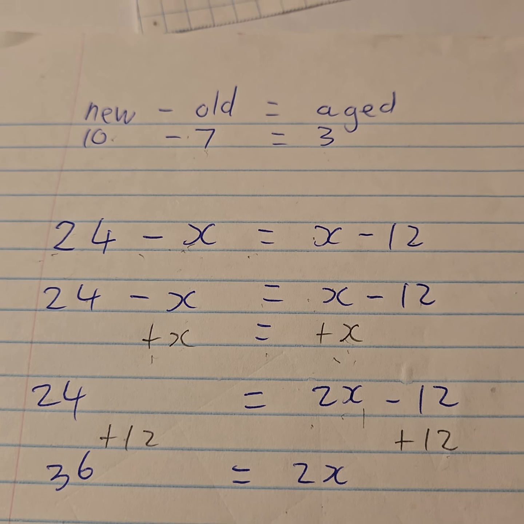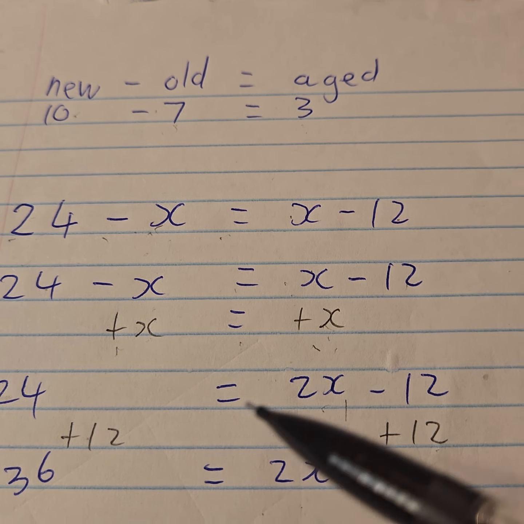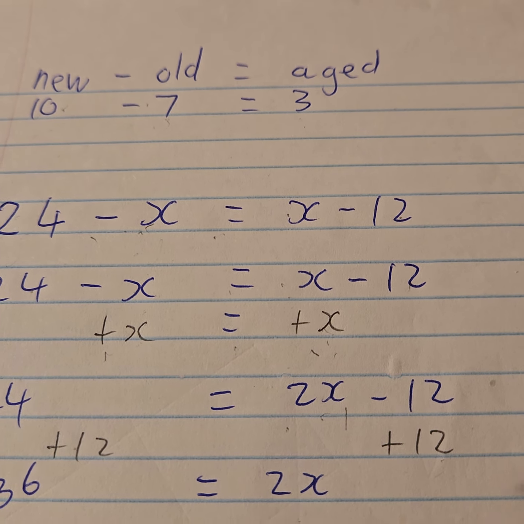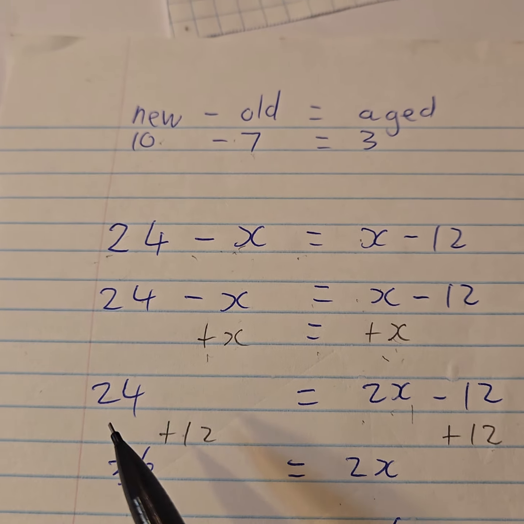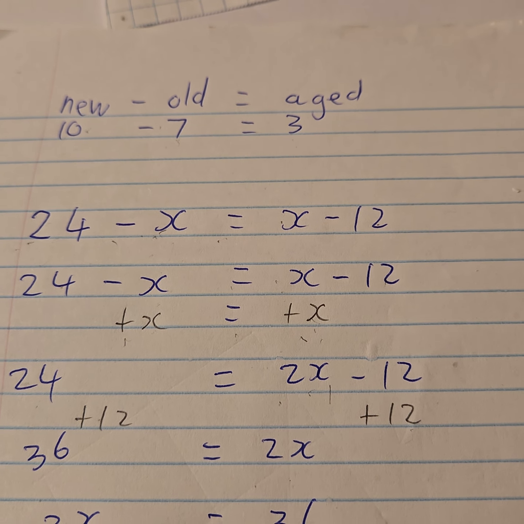It's like one soccer ball plus another soccer ball is 2 soccer balls, or one eraser plus another eraser is 2 erasers. 1x plus another x is 2x. So now we've got 24 equals 2x minus 12.